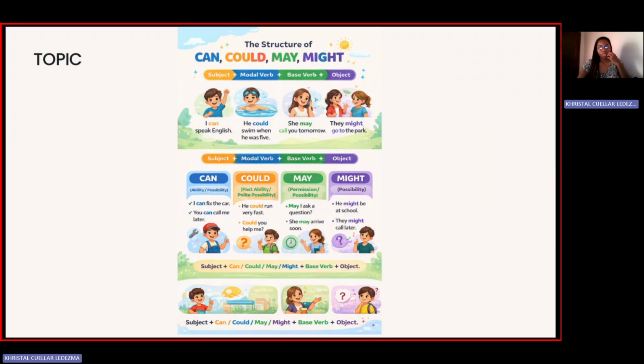So this is the structure of can, could, may, and might. The structure of these modal verbs is that the first thing the student has to do is put the subject, which can be anything: I, he, she, they, we, it. And the next thing is to put the modal verb there.